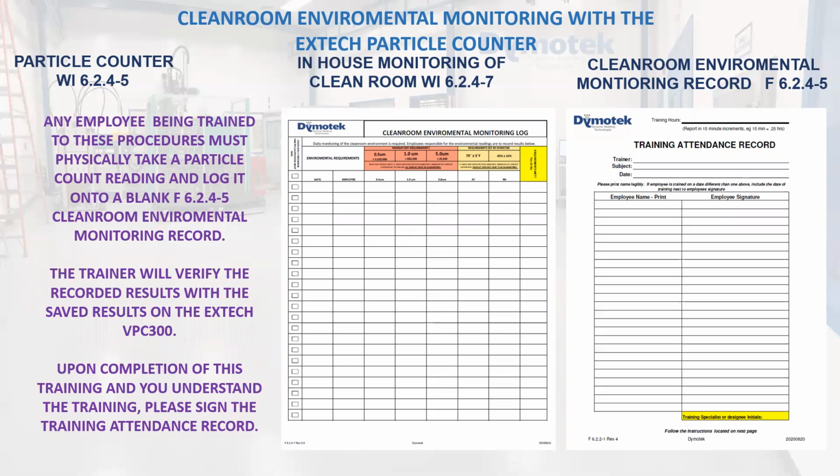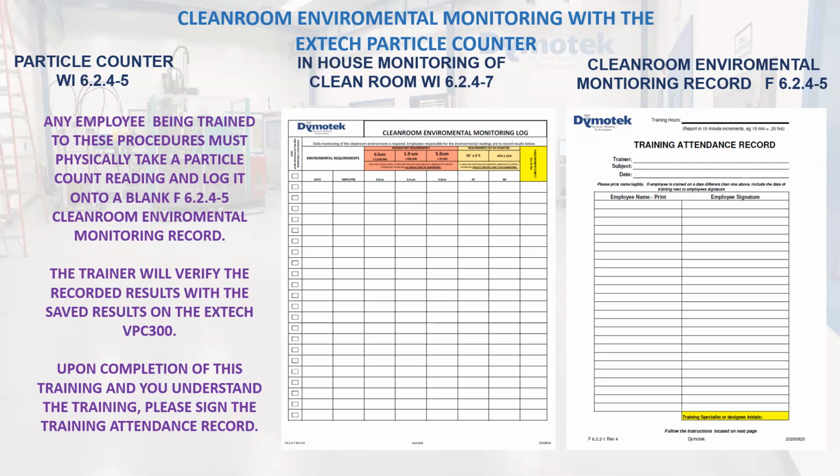Any employee being trained to these procedures must physically take a particle count reading and log it onto a blank Form 6.2.4-5, the Clean Room Environmental Monitoring Log. The trainer will verify the recorded results with the saved results on the Extech 300, VPC 300.